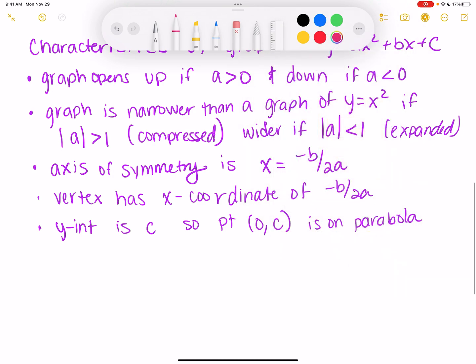All right, and then the last thing for the notes is minimum and maximum values.